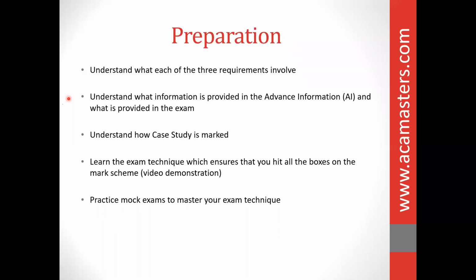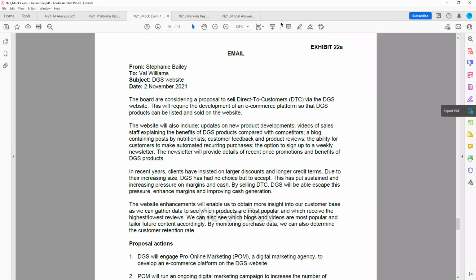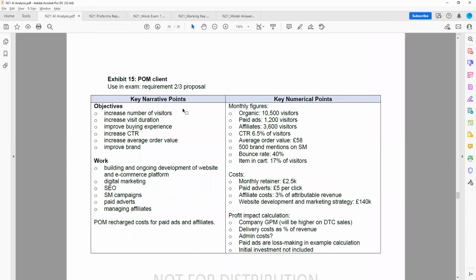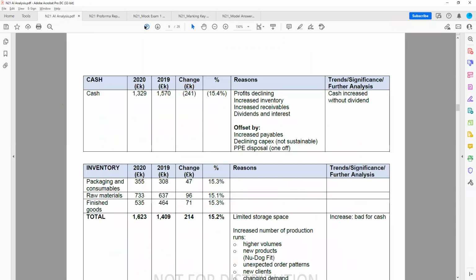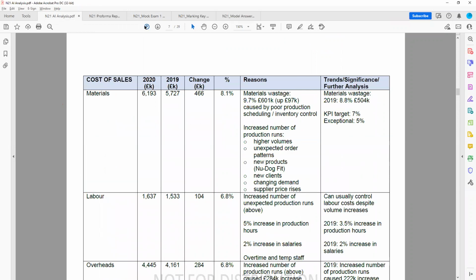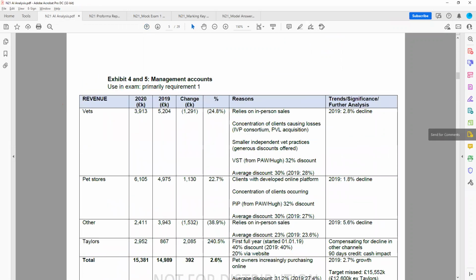You'll read through an exhibit and think, yes, that's probably going to be an assumption in requirement two, or this is probably flagging a potential requirement three, or this is a reason why revenue's gone up, or this is a revenue target for them, and therefore I should include that in my requirement one analysis.